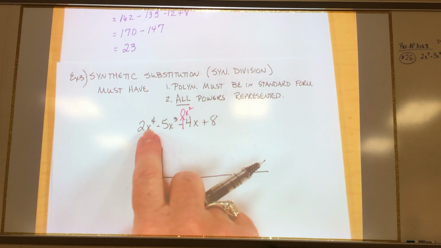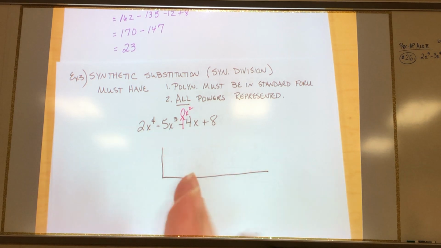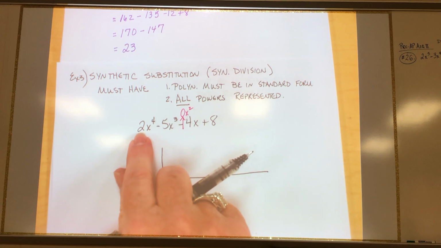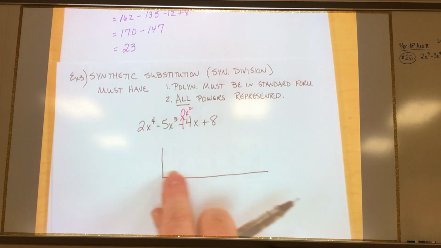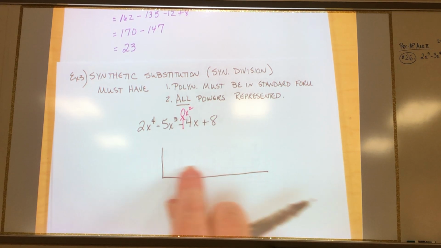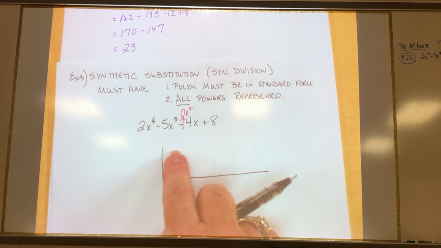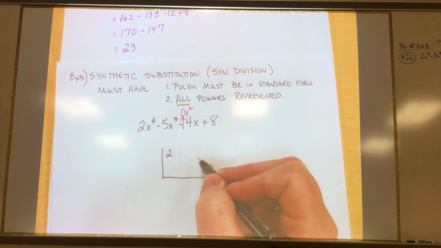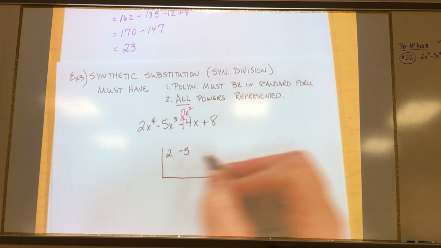I don't need the x's and all that kind of mess because where they are determines what their exponent is, okay? So that's why they had to be in standard form. So I'm going to write these on the porch. Leave a line right here because we're going to put stuff there, but we're going to write there on this line. So I'm writing my coefficients. 2. What goes next? -5. Perfect. What goes next?